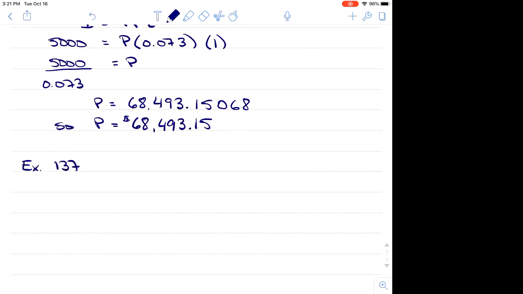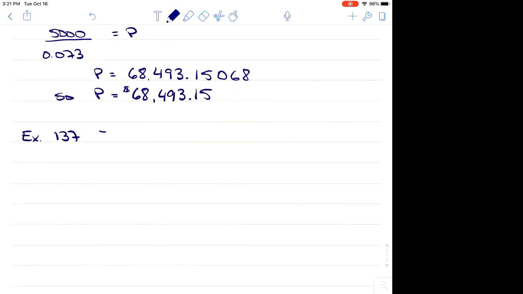Example 137. Jim's calculations show that the total interest owed to Jill on his $2,700 loan is $315.90. Okay, let's start there.